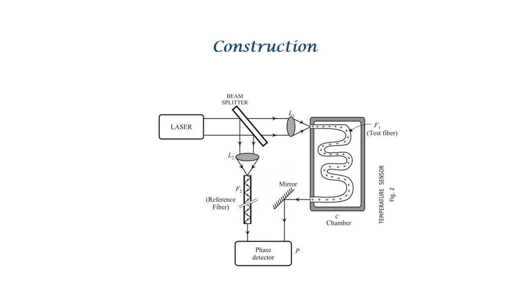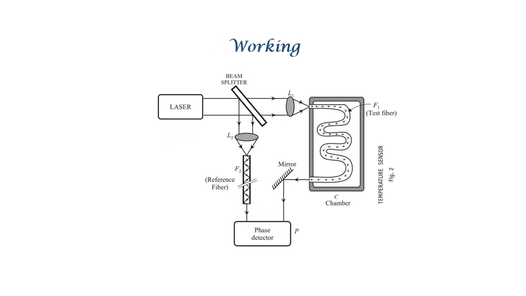Again, starting from the laser source, the reflected part of the beam from the beam splitter is focused onto the receiving end of the reference fiber F2 through the lens L2. The emergent beam from F2 is also incident on the phase detector P.